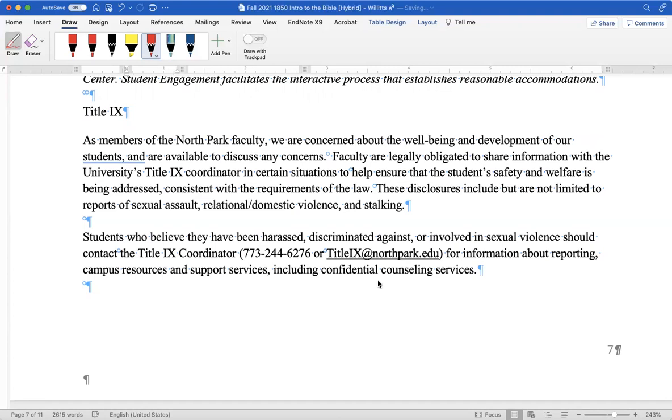And if you discover that you're being harassed or you feel that you are, this information can be your go-to to contact our Title IX coordinator, Kim, and get help.